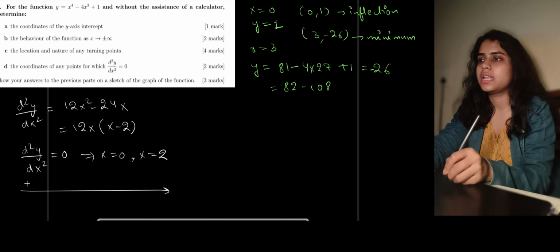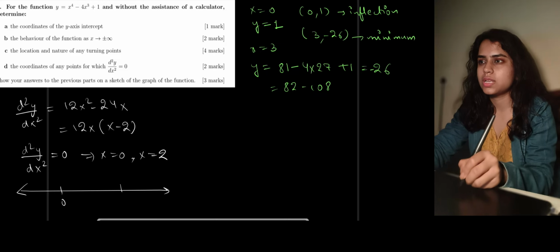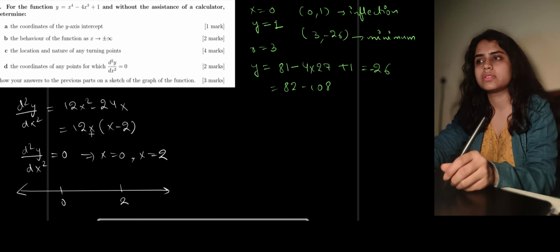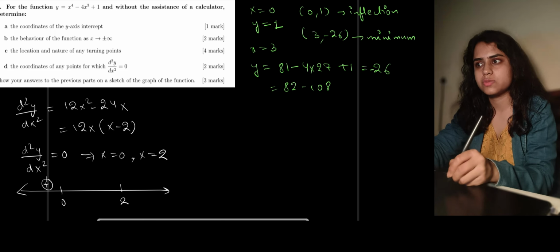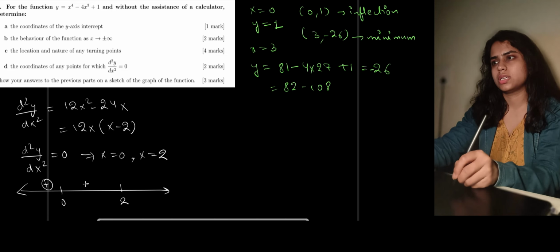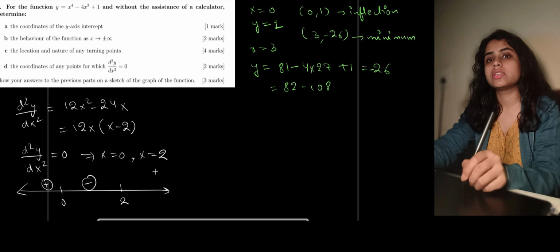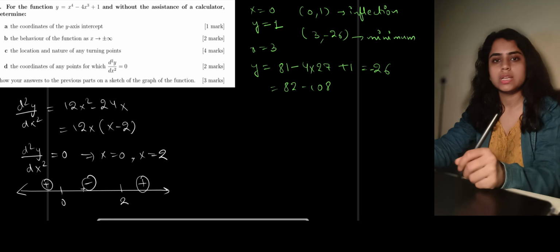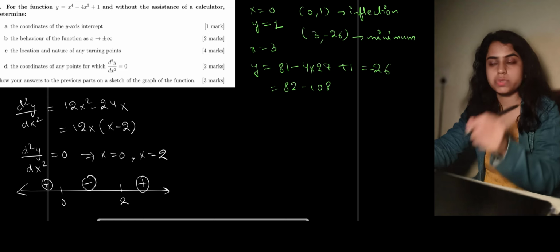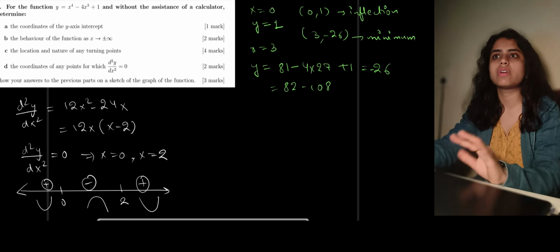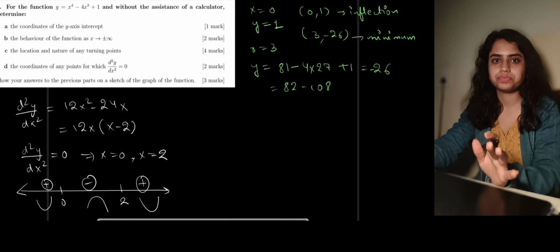Let's make the number line. Here it's 0, here it's 2. If you take any number less than 0, say negative 1, it's positive. If you take a number between, say positive 1, it's negative. If you take anything greater than 2, let's take 3, it's positive. So it's concave up, then concave down, then concave up.